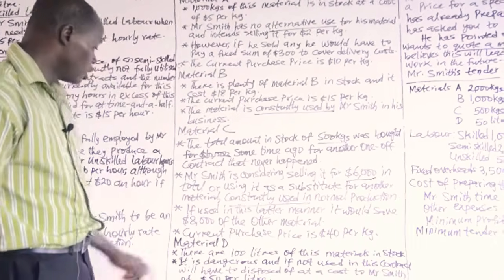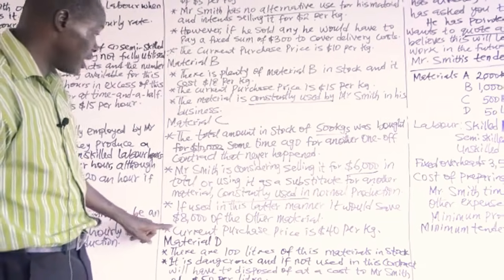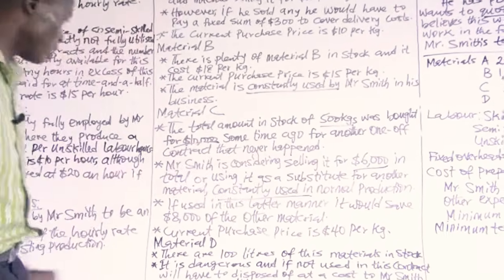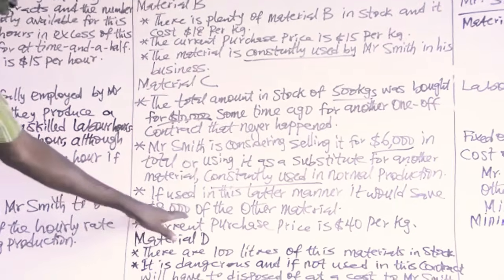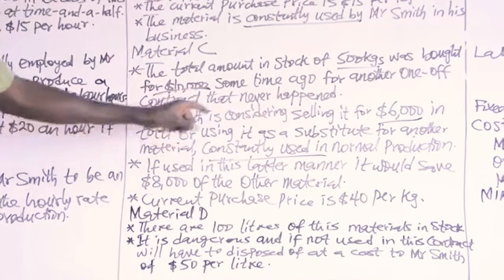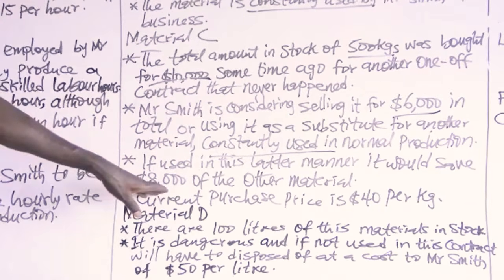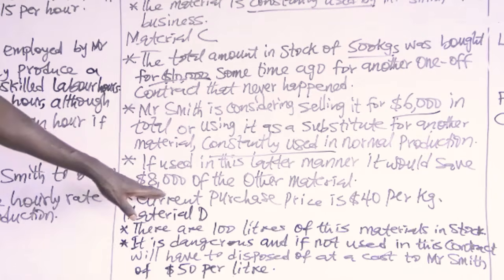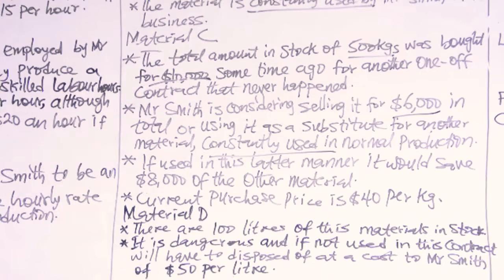So ordinarily, you will prefer using it in the contract and save the sum of 8,000. So the opportunity cost of selling is 8,000. That is, you will prefer using it in the contract and saving 8,000 to selling it for 6,000.